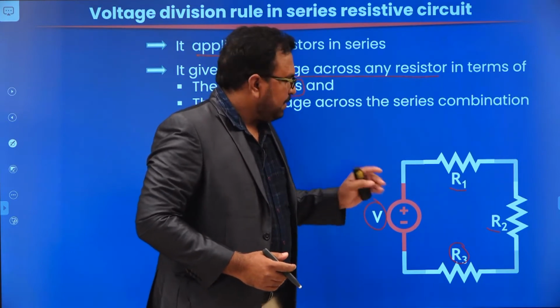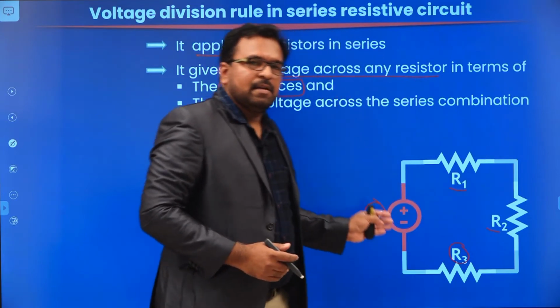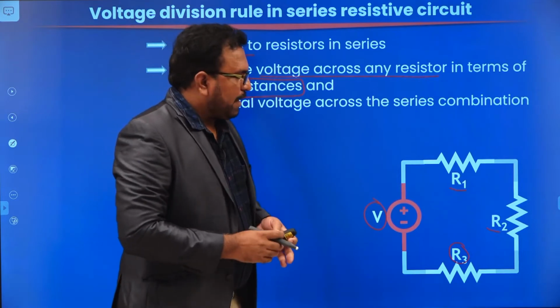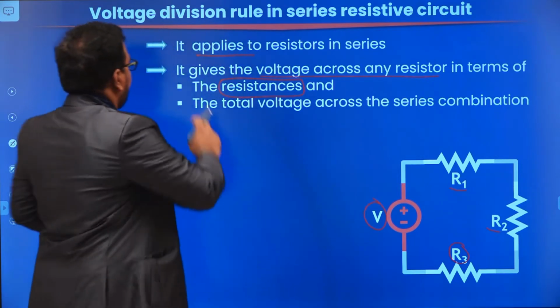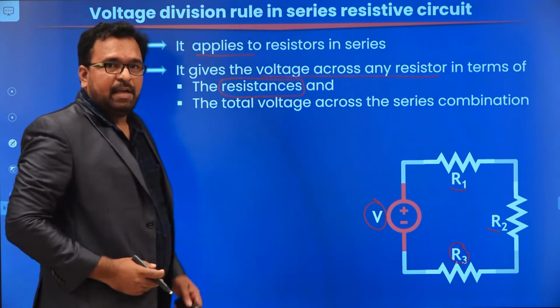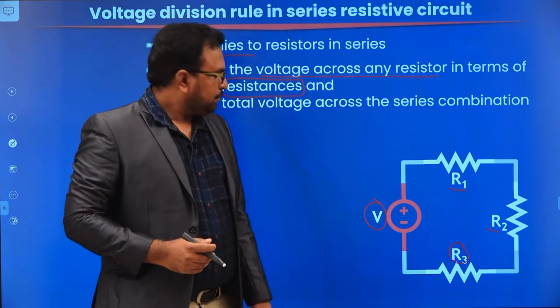The current through all the elements remains the same. And what is the factor that divides? Voltage divides. That's why we apply the voltage division rule in series circuits.